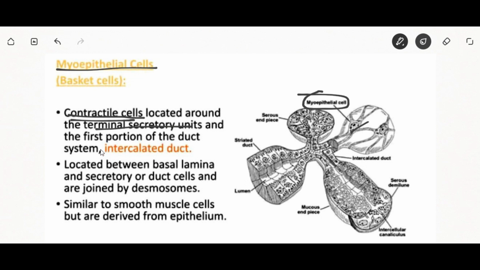They are called basket cells as their shape appears like a basket containing the secretory cells. They are found abundantly in the mammary glands. Myoepithelial cells, as the name suggests, have a muscle-like contractile function, and they help the secretory acinus to expel its products.